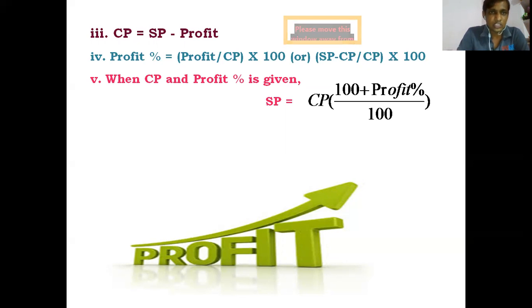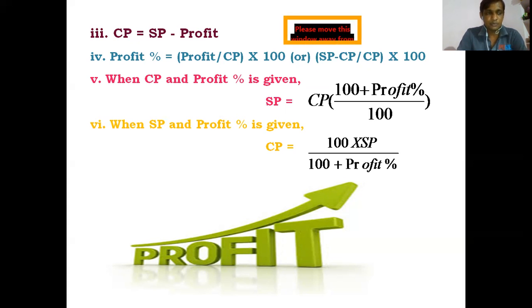When SP and profit percentage are given, then CP is equal to SP into 100 by (100 plus profit percentage). So it is quite the opposite there. Here it is (100 plus profit) by 100, and there it is 100 into SP by (100 plus profit).